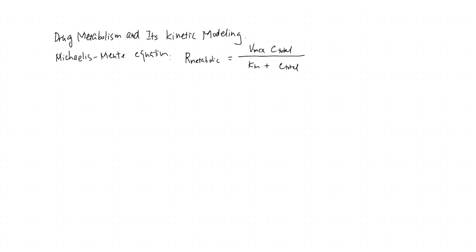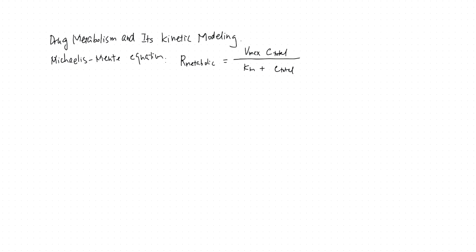Vmax is the maximum rate of metabolism. And the Km we call the Michaelis constant because it's a Michaelis-Menten model.